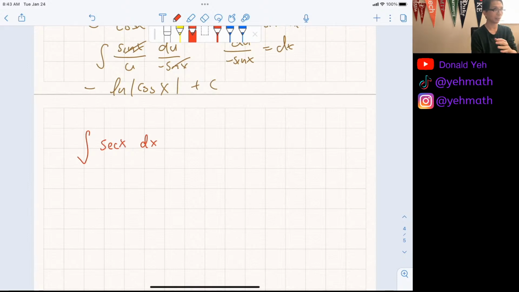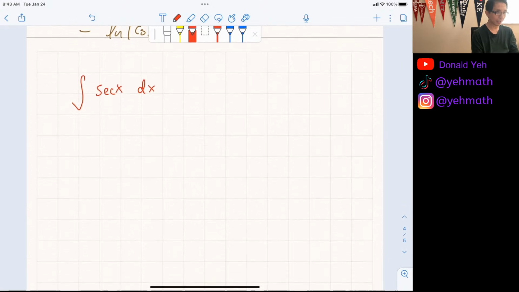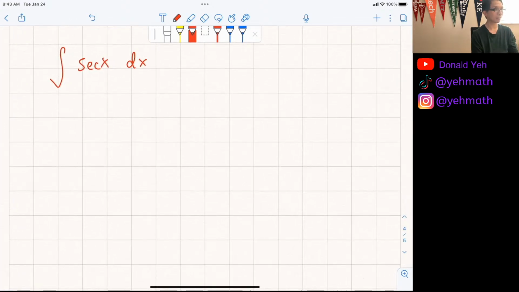So the integration of secant of x, right? I'm going to say you have the right tool to integrate this, but you just cannot see that tool. What people came up with just shows you how genius mathematicians are. They are the most creative individuals, more than in any other subject.